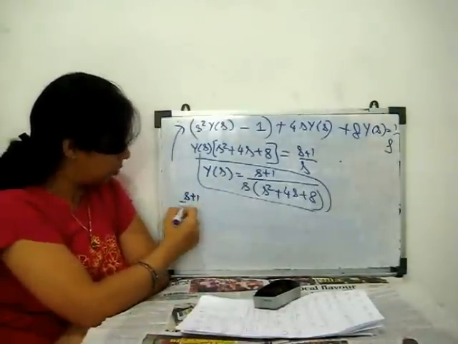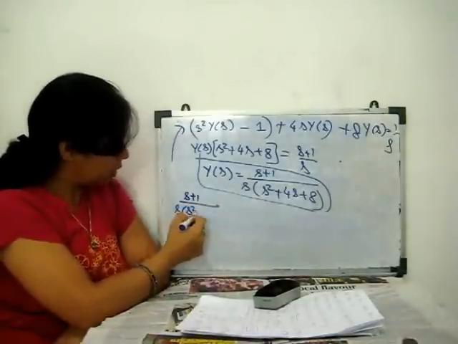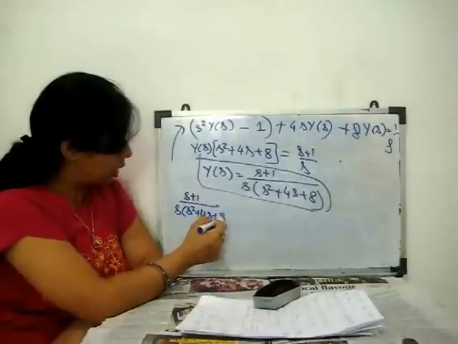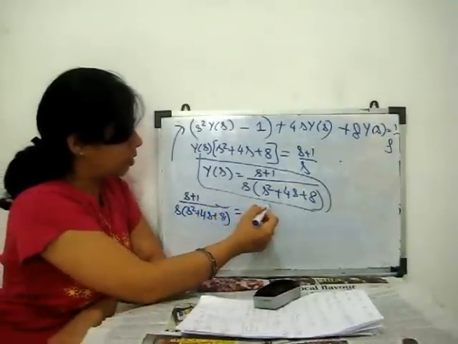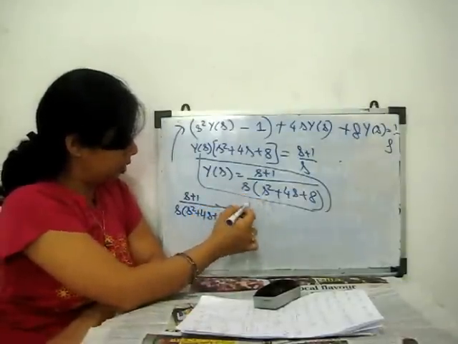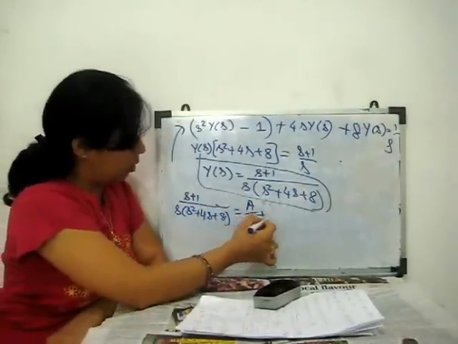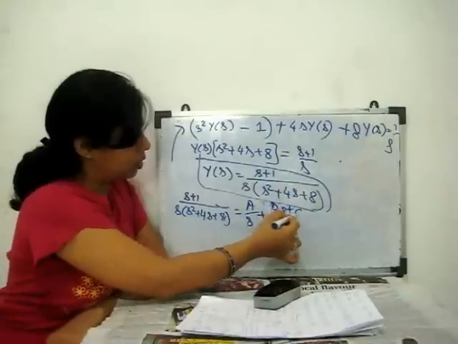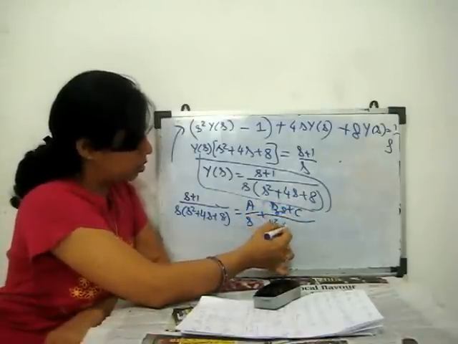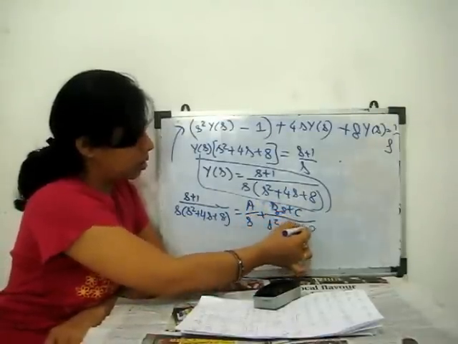What is s plus 1 upon s square plus 4s plus 8? With partial fractions we separate the terms, so this is A by s plus (Bs plus C) upon s square plus 4s plus 8.